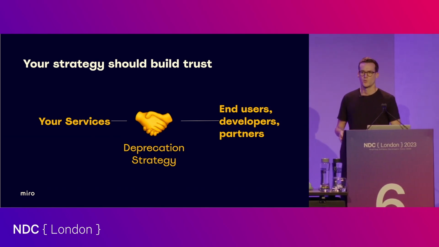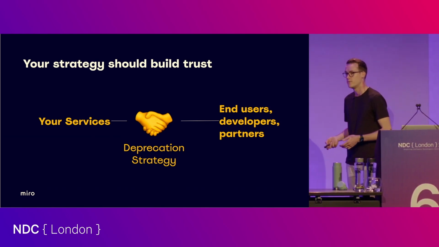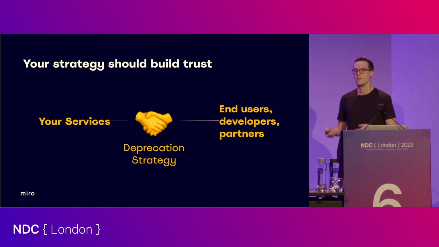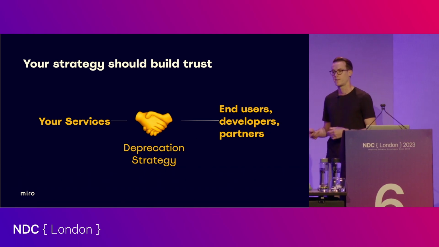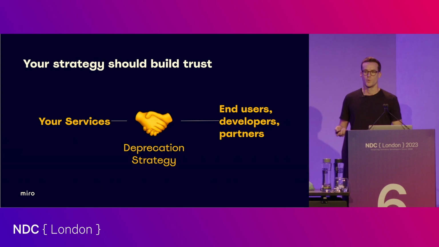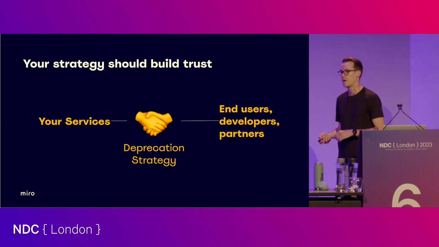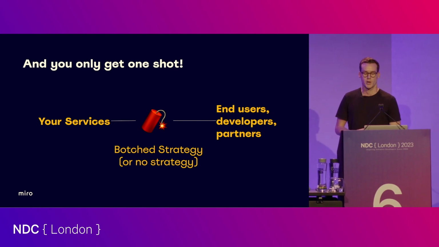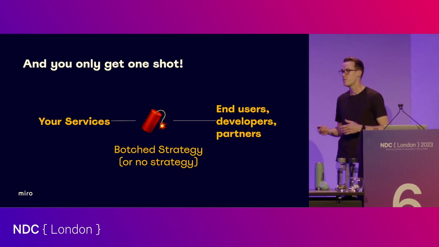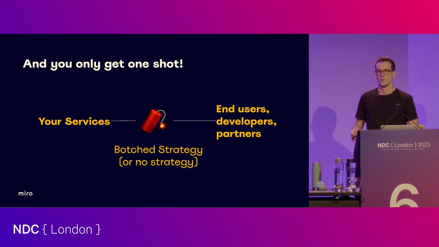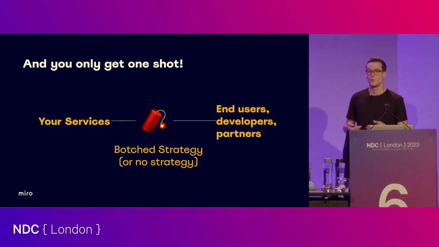And this relies on us making clear, actionable commitments to our end users and anticipating their needs and how a deprecation is actually going to affect them in their day-to-day work. It's really important to get this right on the first shot because you really only get one shot. If your strategy includes any of those ambiguities or bad ideas that we were just talking about, that's when end users or developers are going to start losing trust in your product.